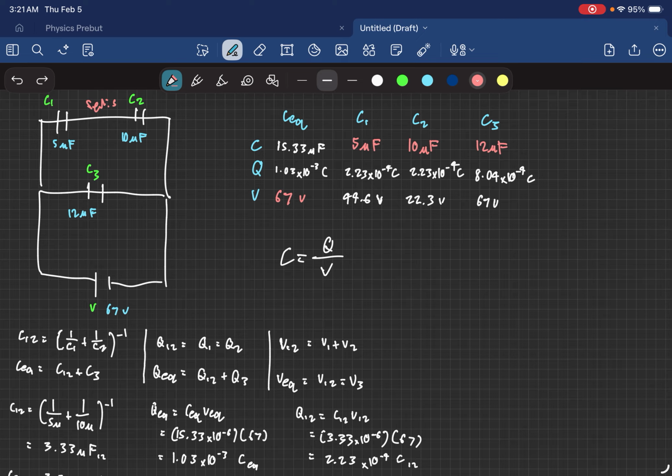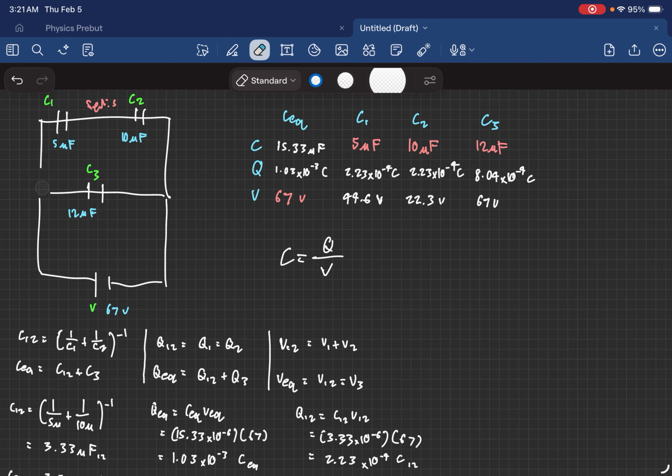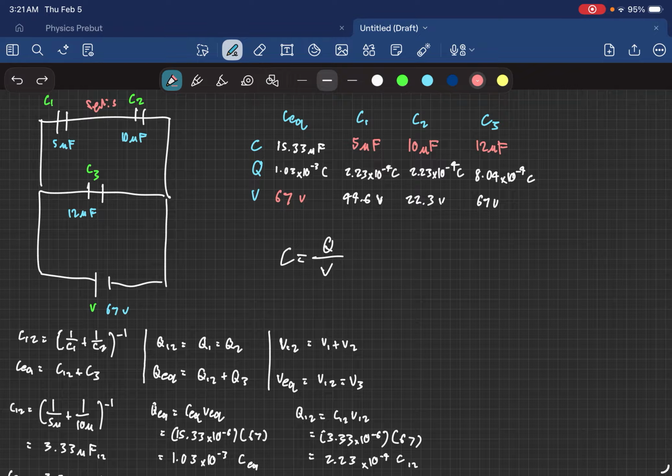But you see here, this is a parallel connection. Why is it a parallel connection? Remember what I said in the last video? It's because it has multiple directions.